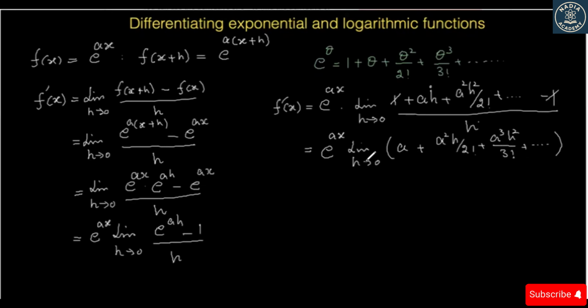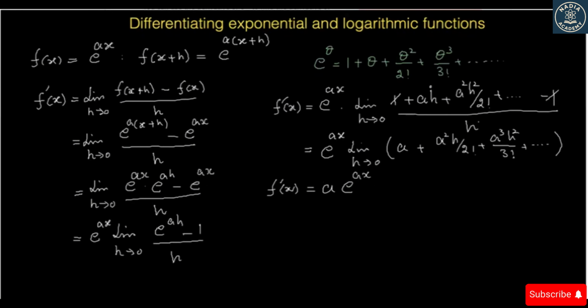If we apply the limit as h approaches 0, every term will be 0 except the first term a, which multiplies our first factor e raised to power ax. So the derivative of e power ax is a times e power ax.